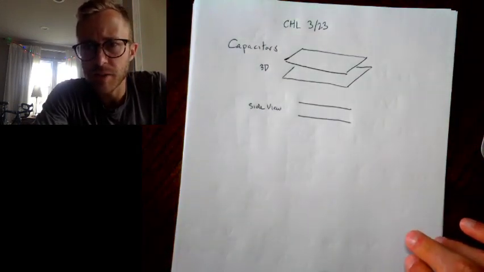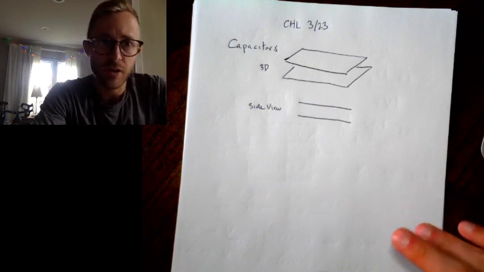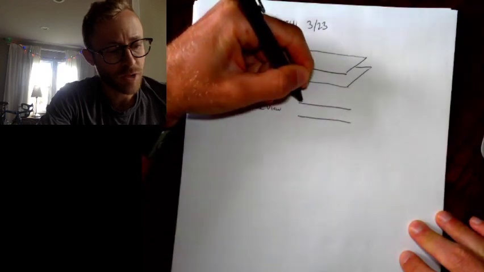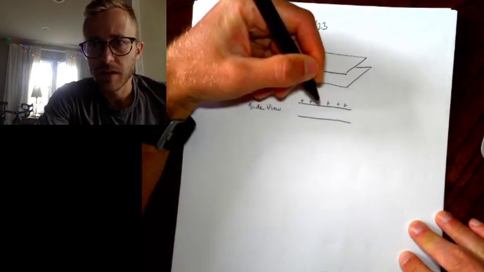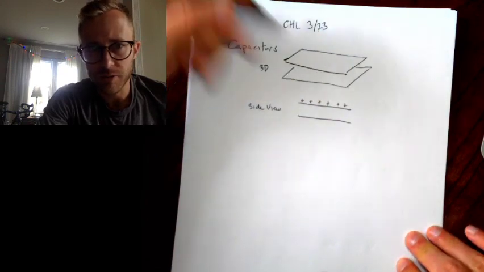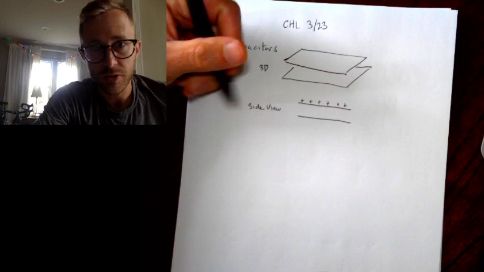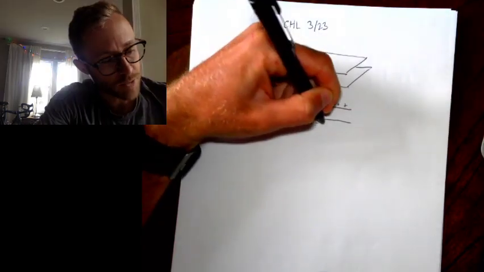And capacitors have charge on each of these plates. So maybe you have positive charge on this plate. So there's a positive plate. And then there's also a negative plate, which has an equal but opposite amount of charge.